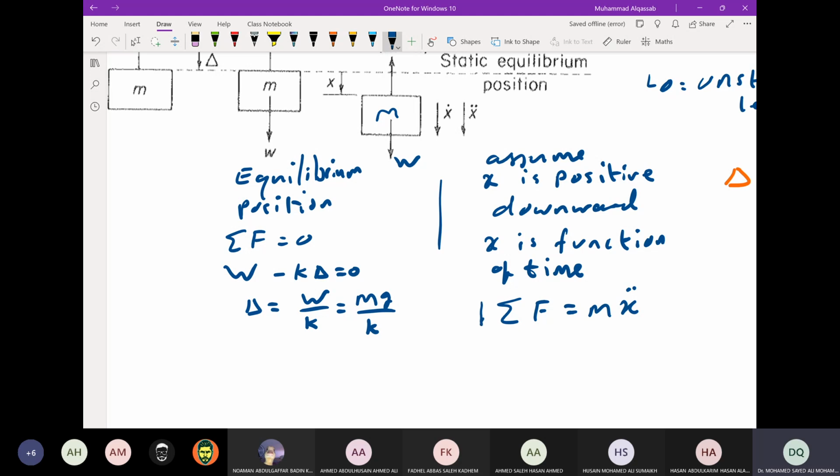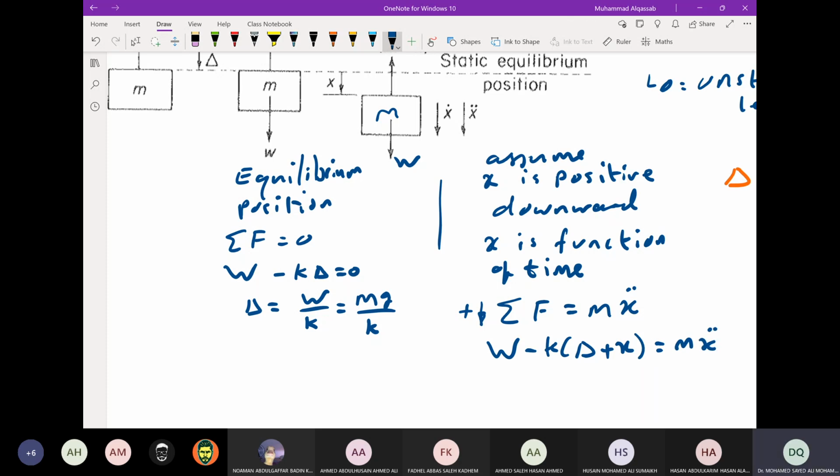So downward is positive, which is in the direction of positive x, which is the direction of x double dot. So the forces downward are positive, and the force downward is only the weight minus the spring force, which is k times delta plus x, equal to m x double dot.